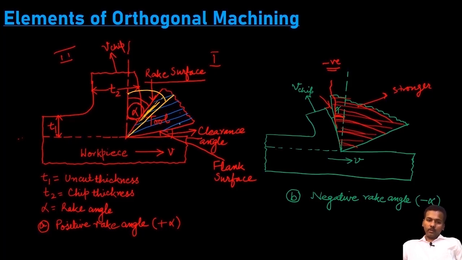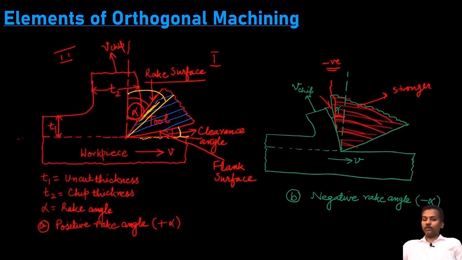There is another terminology, that is the clearance angle. The purpose of this clearance angle is to clear the finished surface. Now this is the finished surface that is obtained during the machining process. If we do not provide this clearance angle, this tool surface will rub against the finished surface, and that will restrict the flow.